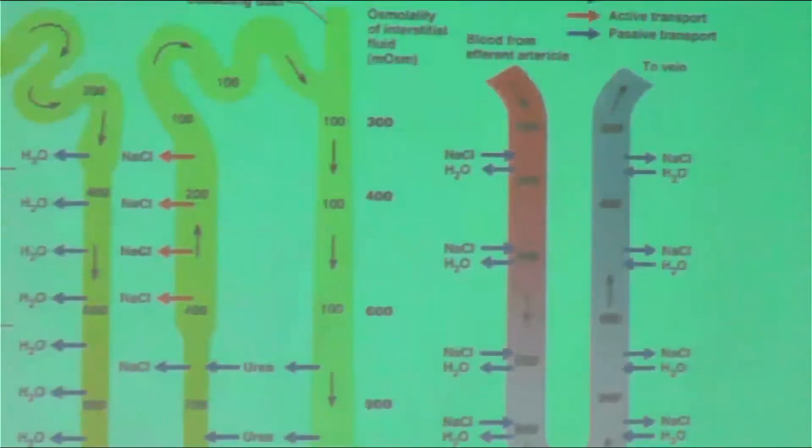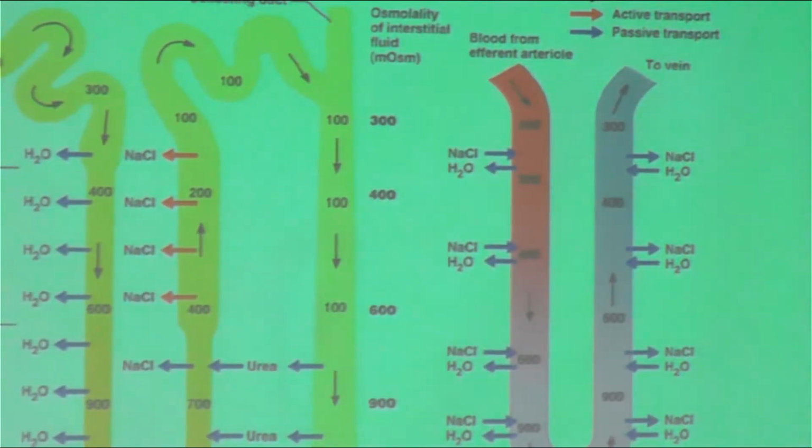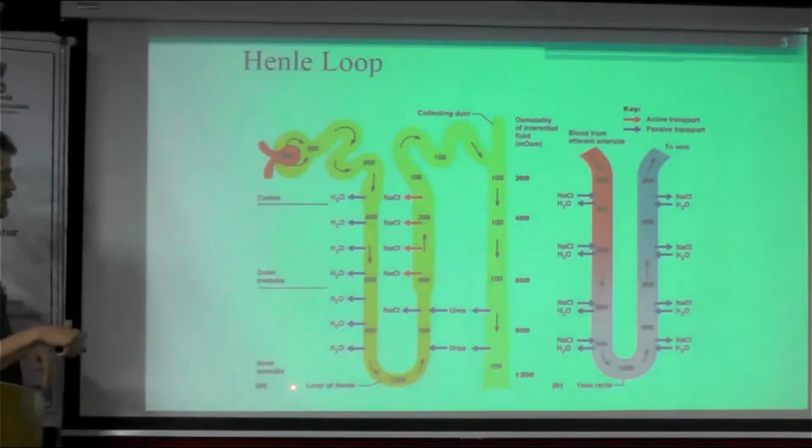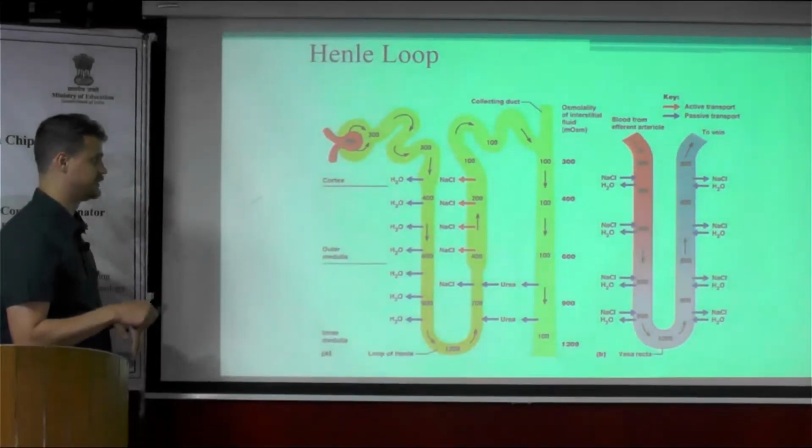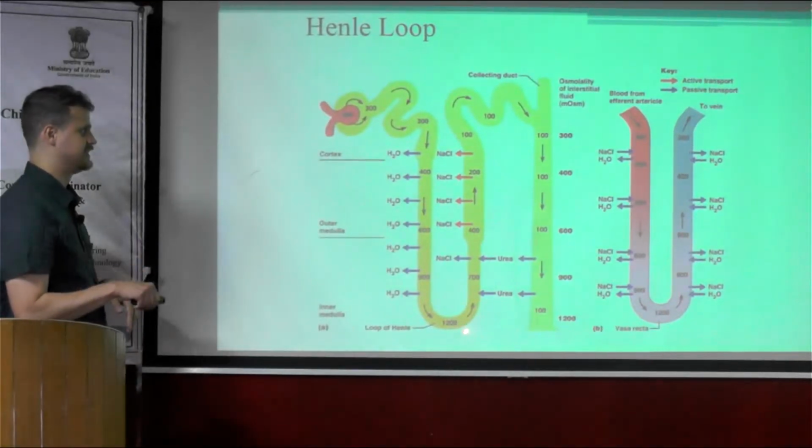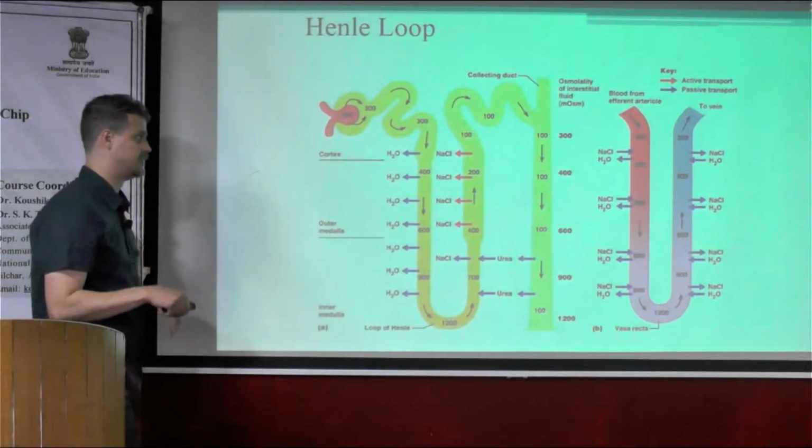So we're talking about the Henle loop. And usually what we consider is that the descending loop is highly permeable to water flux, and the ascending loop is highly permeable to solutes.